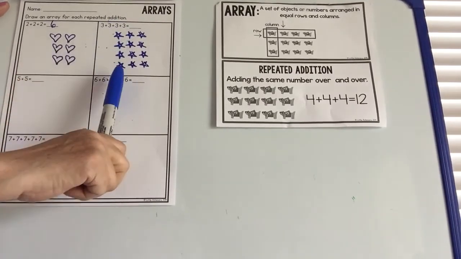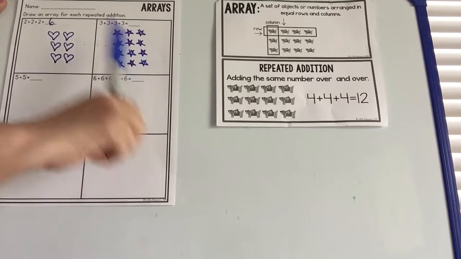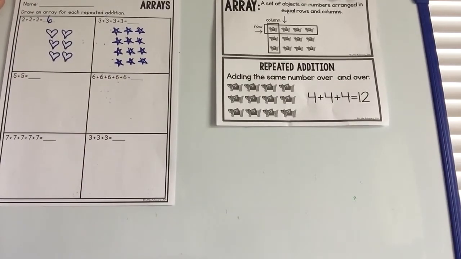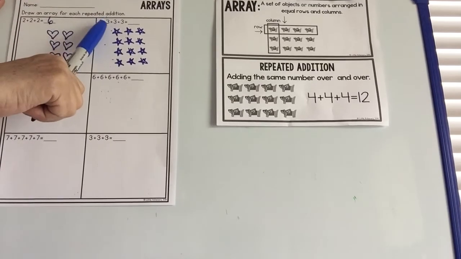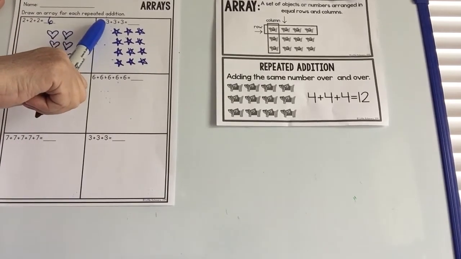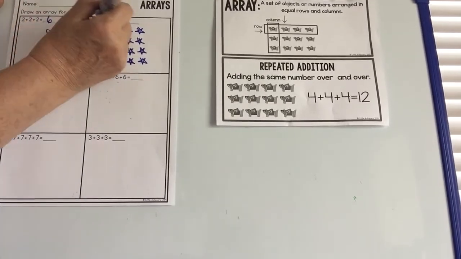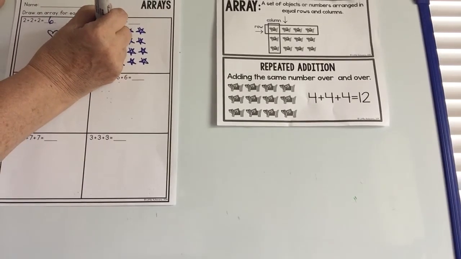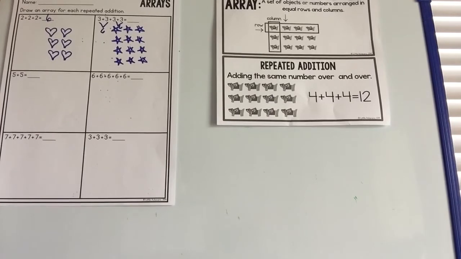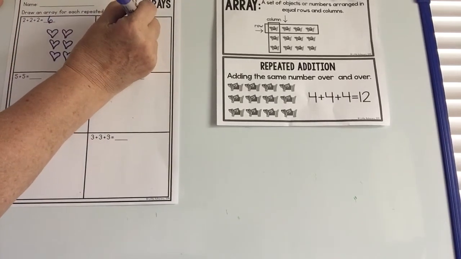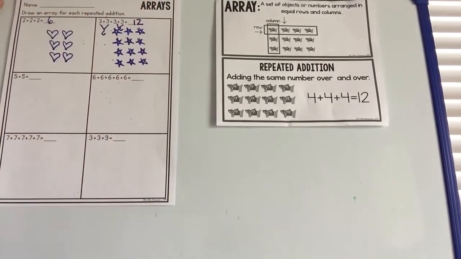Yep. How many columns? 1, 2, 3. So if I have 3 plus 3 plus 3 plus 3, 3 plus 3 is 6. We know that. Another 3 plus 3 equals 6. And 6 plus 6, that's right, 12. Good job. And we could keep going and going here.